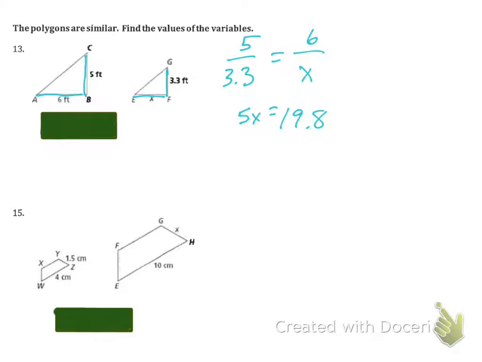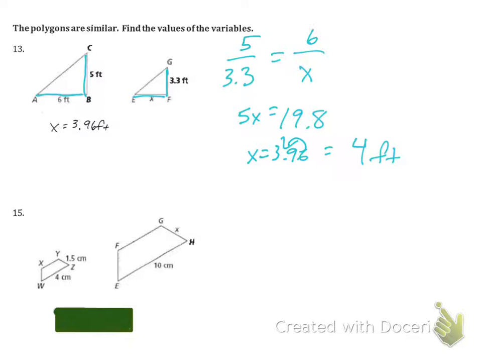I'm going to divide that by 5, and I get 3.96. So x equals 3.96. If I round to the tenths, that means I round up, which is equal to 4 feet.